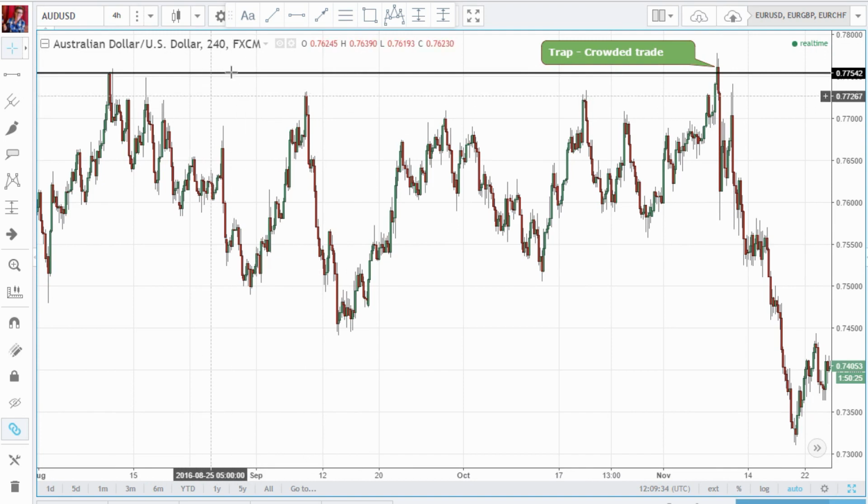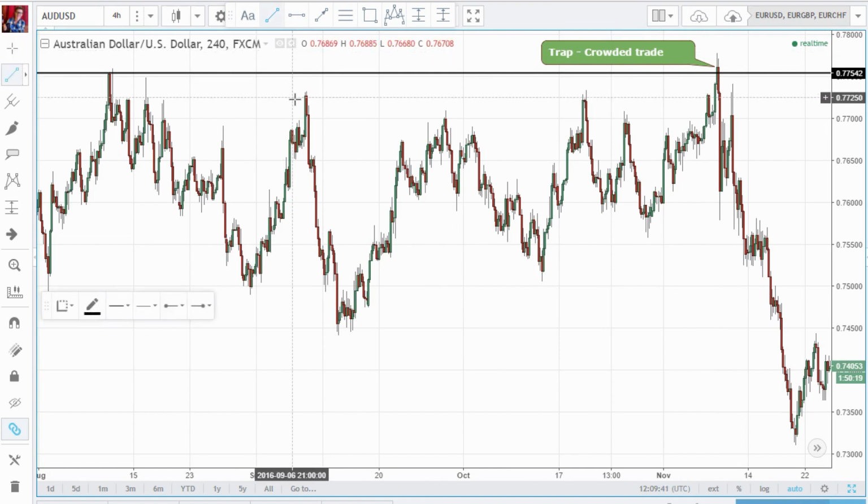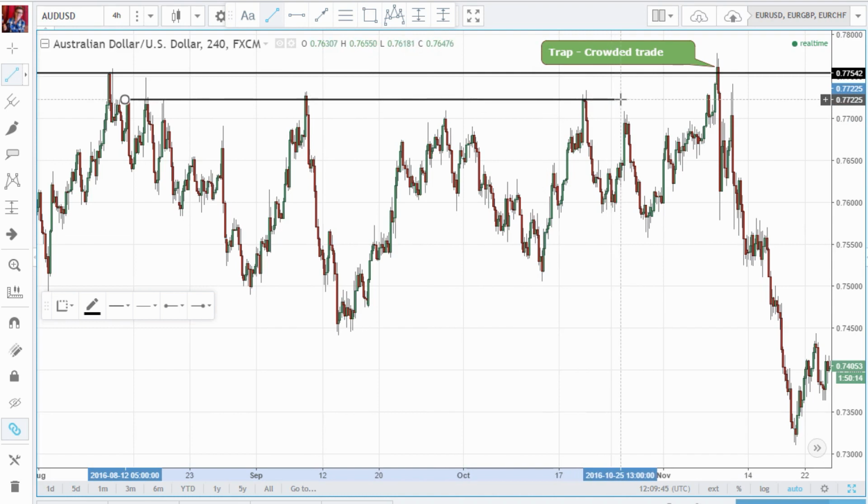Then let's look at a few more levels. You can see below this resistance we also have some type of reactions here. So let's grab the line tool here and we mark this area. If you hold down your shift key, then you get a straight line in TradingView.